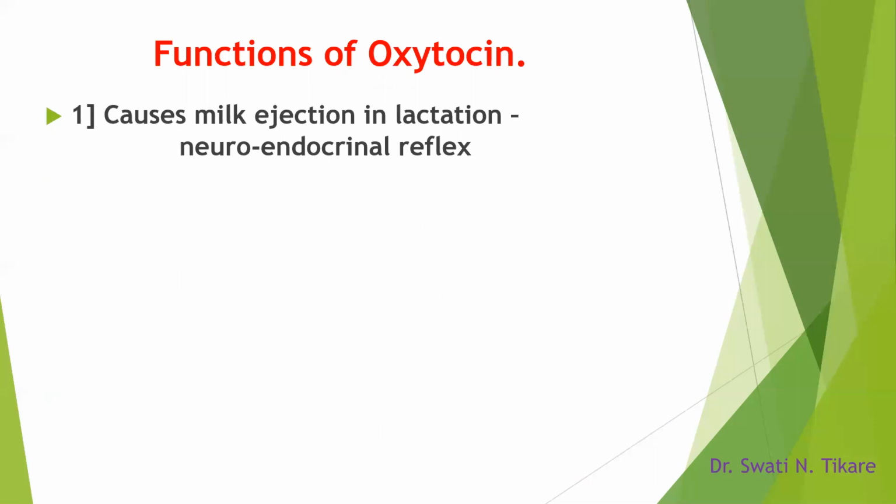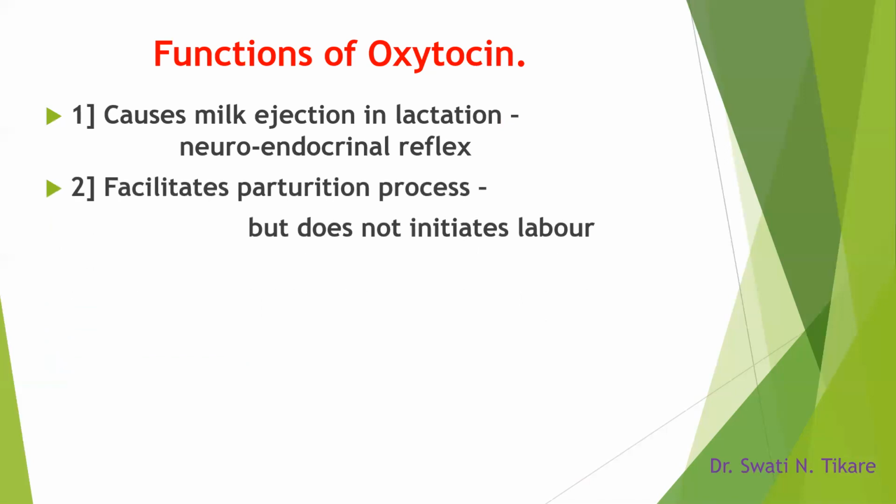The first function is that it causes milk ejection in lactation. This is a neuroendocrine reflex. You will understand how the neural and endocrine systems are connected to each other, and there is release of milk here. We will learn that in detail. Second, it facilitates the parturition process.